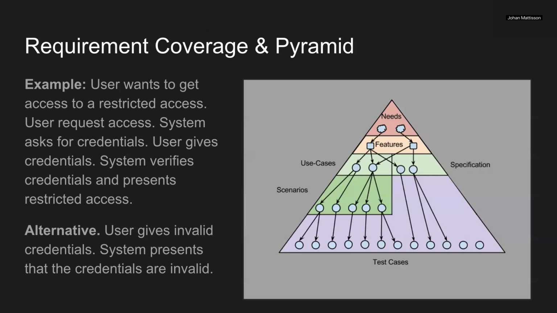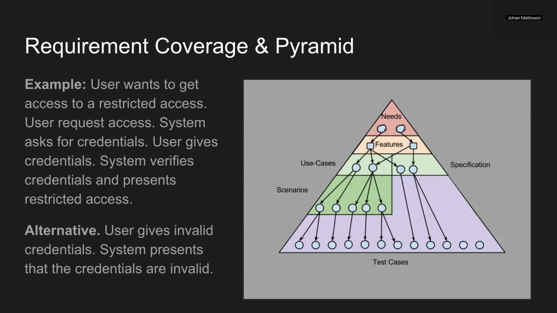In this case, we wanted to restrict the access to the system, so we needed some sort of login. It's basically credentials in different aspects. You should be able to access certain parts of the system, or you should not be able to access certain parts of the system.